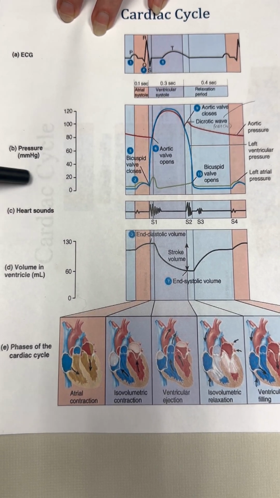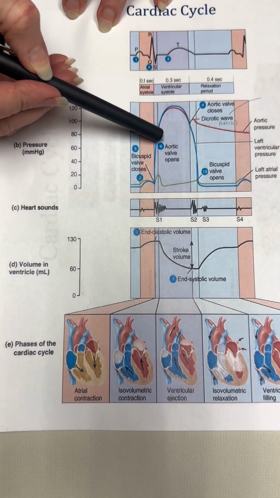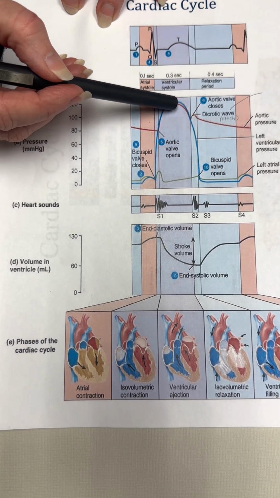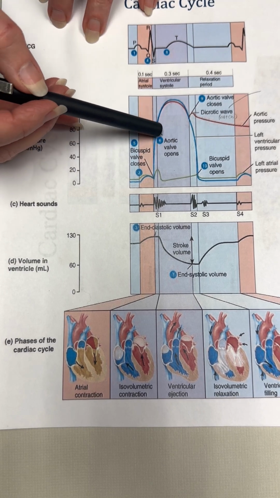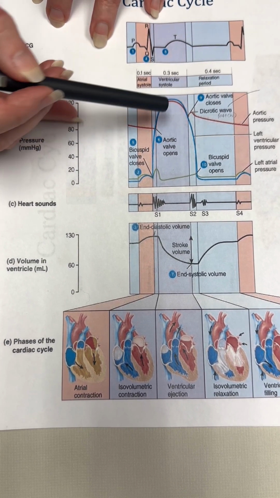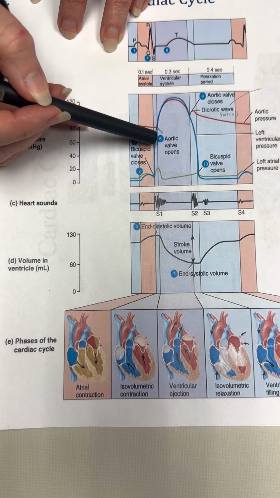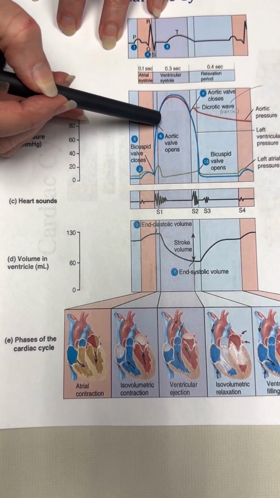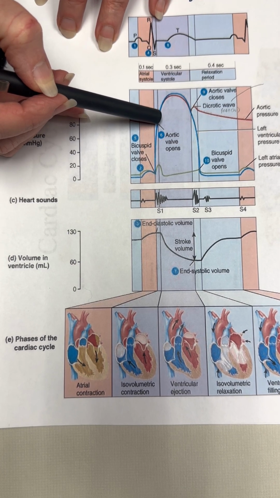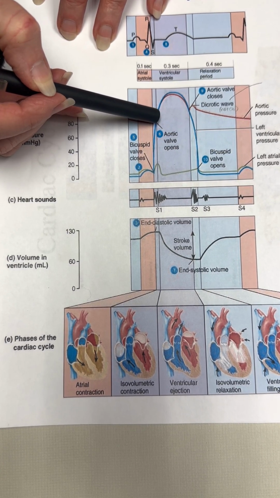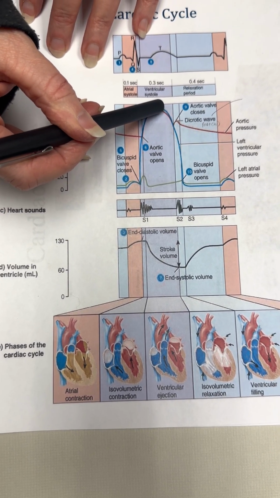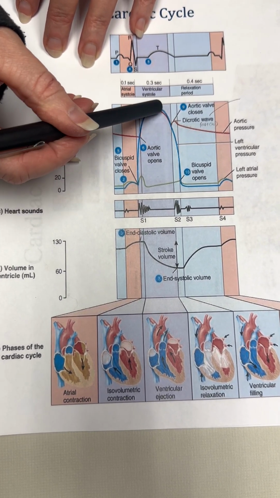If we follow this down to the pressure portion of the graph, we can see that there's a spike in the pressure of both the left ventricle and the aorta. So the left ventricle has finally overcome the pressure of the aorta, and blood is being forced out of the left ventricle into the aorta. That's what's causing this steep increase in pressure in both the red and the blue line.